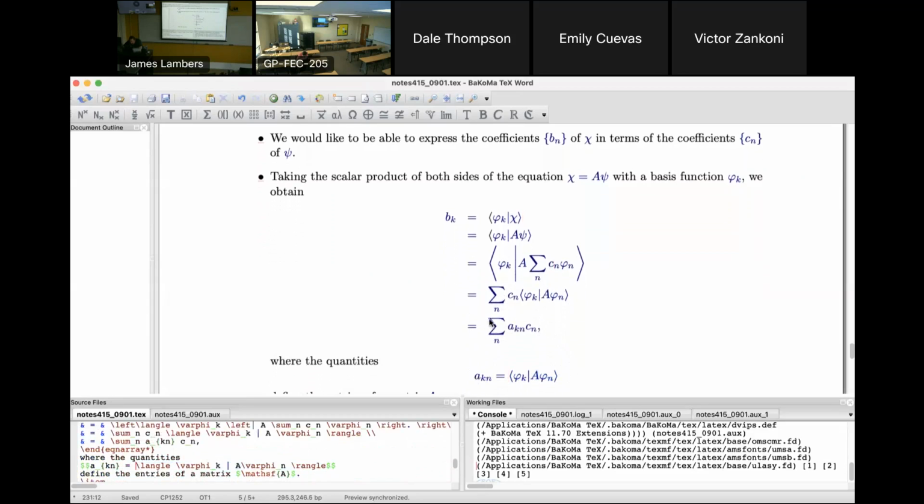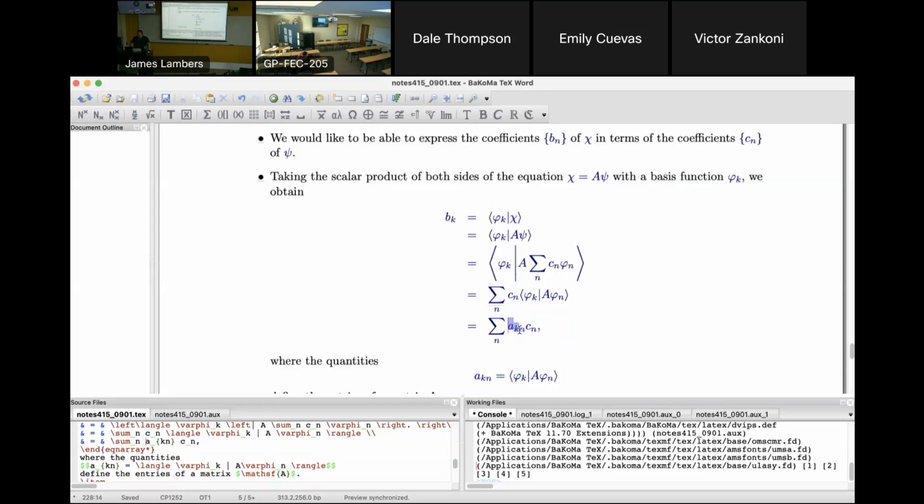The reason why I'm doing that is that this right here, you can think of as a matrix vector product. Now, the matrix vector in this case may be infinite. These really are infinite expansions. But now we see we have a relationship between the coefficients of the input and the coefficients of the output.